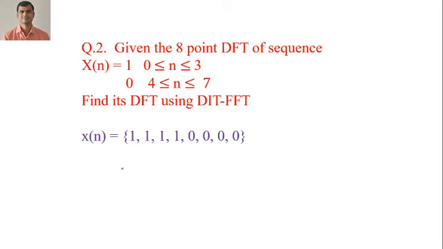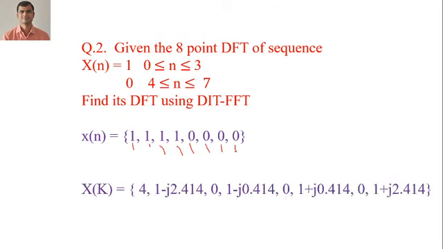At 0 it is 1, at 1 it is 1, at 2 it is 1, at 3 it is 1, at 4, 5, 6 and 7 it is 0. Using the same method, you will get the answer of x of k. So you need to solve this.